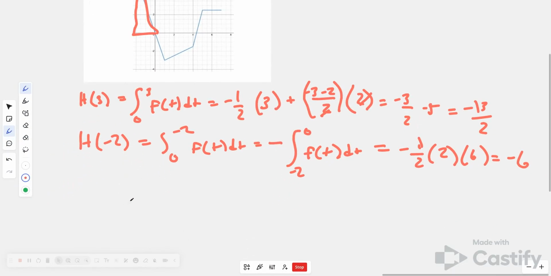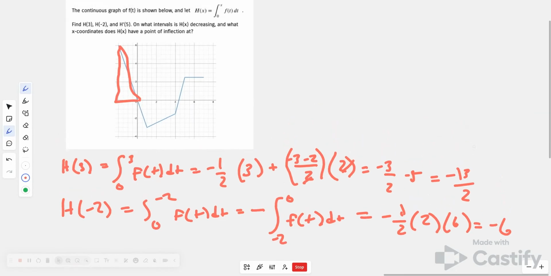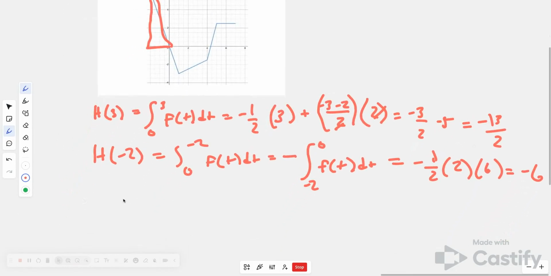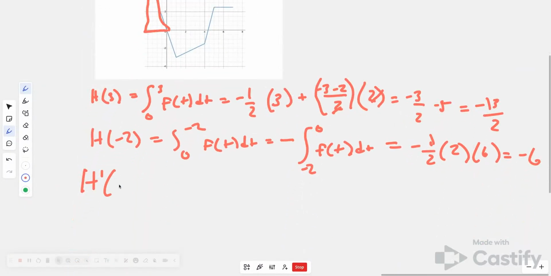And then for the last part of it, we have to find h prime of 5.